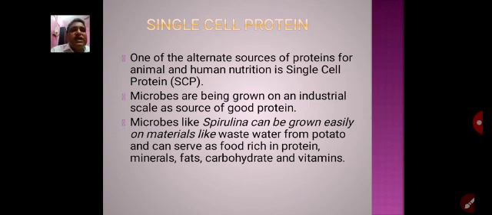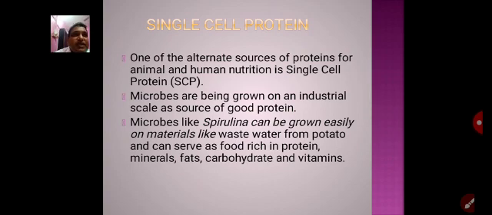What are the main advantages of SCP? One important thing: microorganisms have a high rate of growth in a very small period of time. They grow very fast, can be grown on a wide range of raw materials, and can be easily harvested.